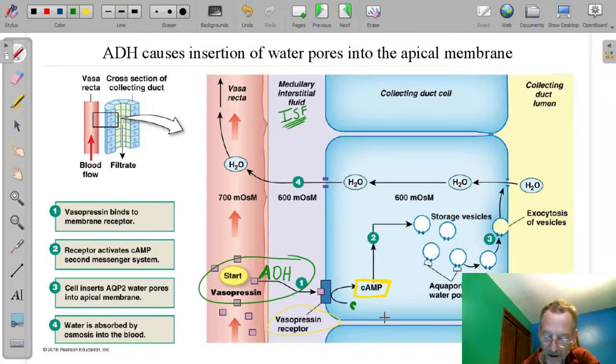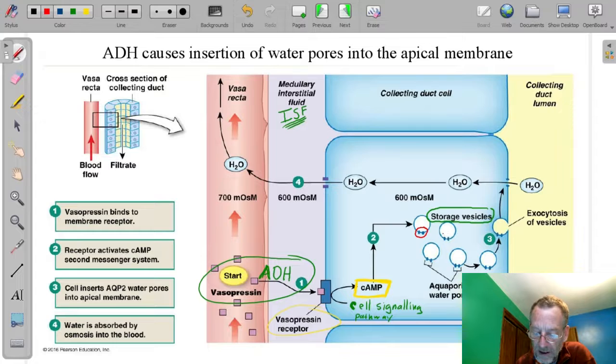So we can just say that it's a cell signaling pathway from the receptor on the outside of the cell to the inner workings inside the cell. And what happens is that under the influence of ADH in this pathway, there are these storage vesicles. These are membrane-bound little vesicles, and they have aquaporins embedded in the membrane.